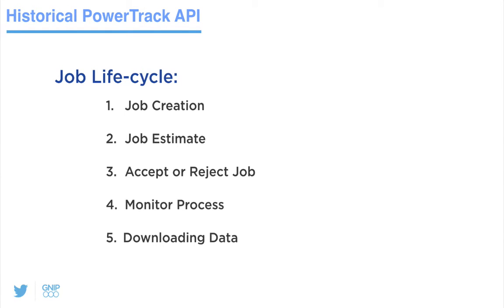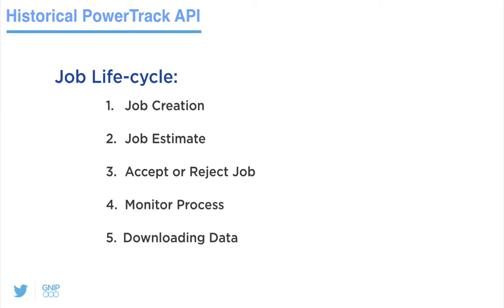As mentioned, the main object that this Historical PowerTrack API works with is what we call a Historical PowerTrack job. And every job has a life cycle that the API is used to move that job through the various steps needed to create a data set. We will talk about all of these steps in detail, but the first step is creating a job itself.